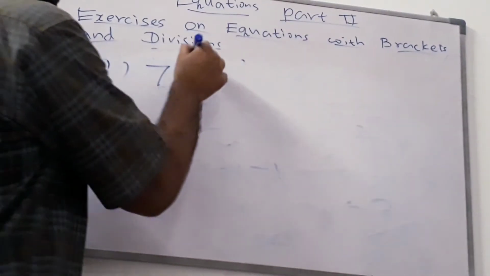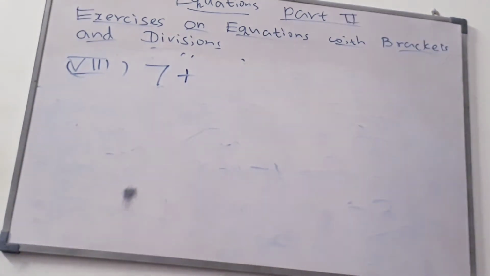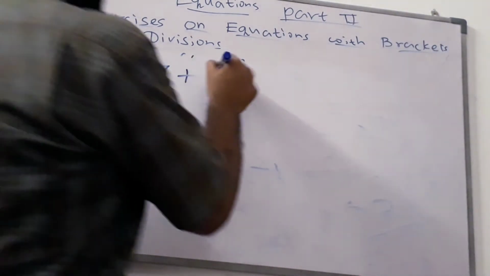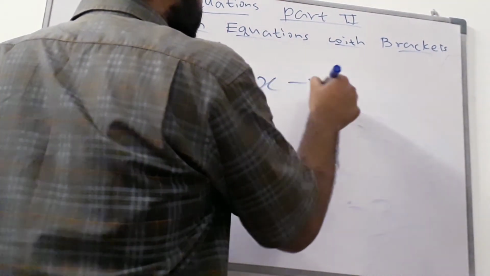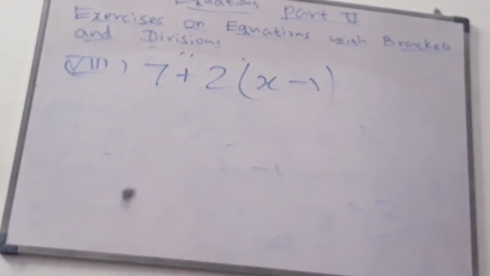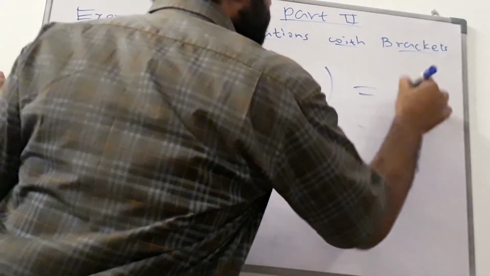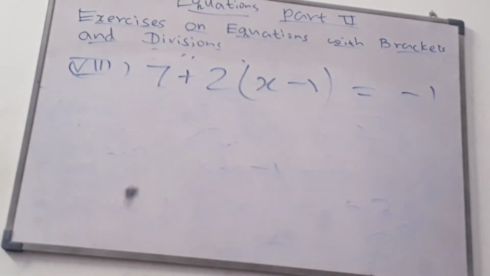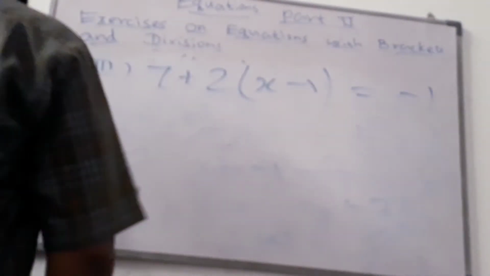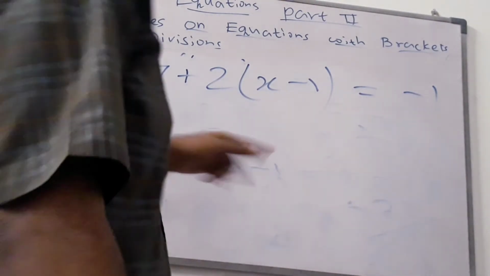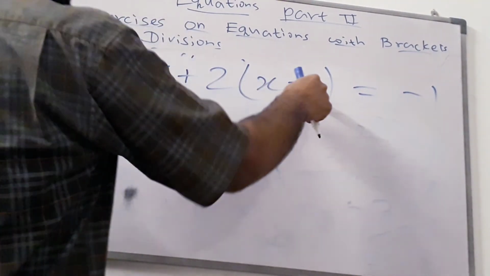7 plus twice x minus 1 equals minus 1. First we have to remove 7 here. Okay, 2 is common to both x and minus 1.